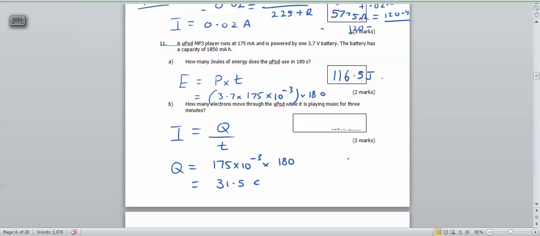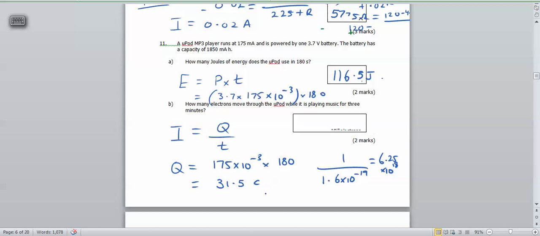Now, for each coulomb of charge, there is this many electrons. Actually, 1 divided by 6.25 by 10 to the 18 electrons.